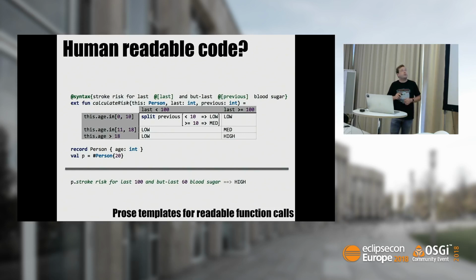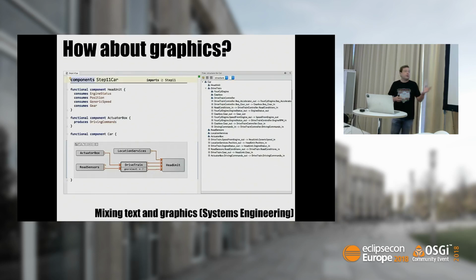This is the parameter, you can see that here. Same story here, at the end there is the result. We can do things like mixing text and graphical notations without having problems synchronizing, because we are dealing with the same AST, we just represent it in a different way.